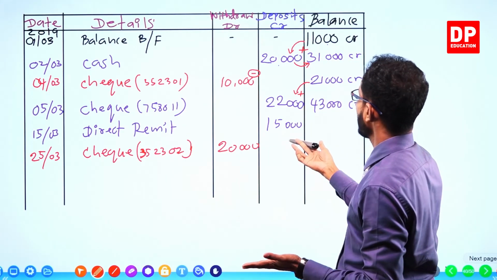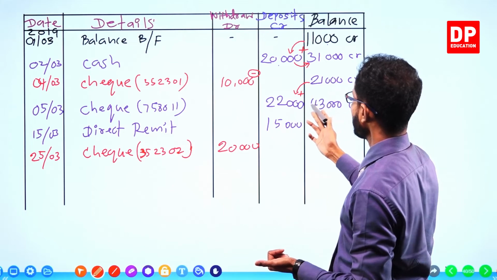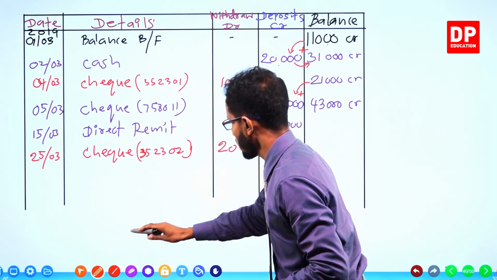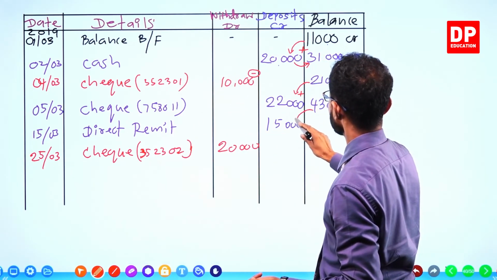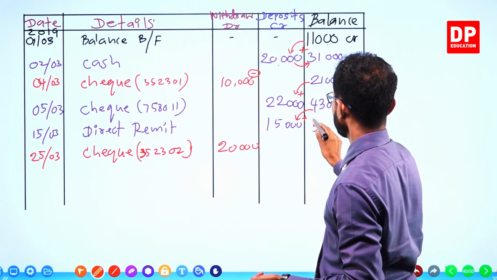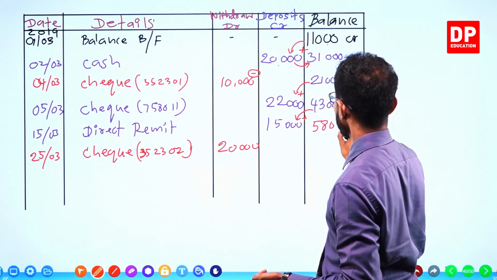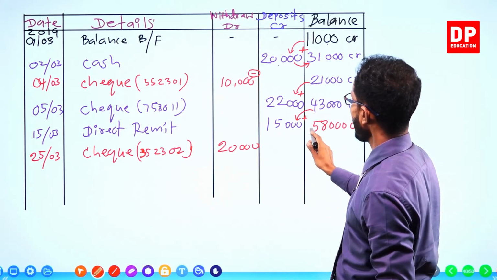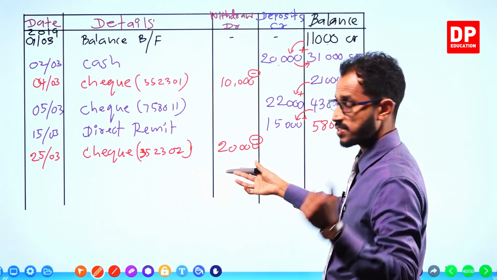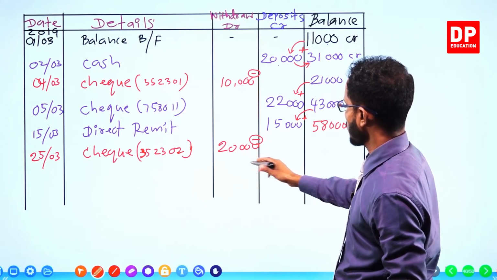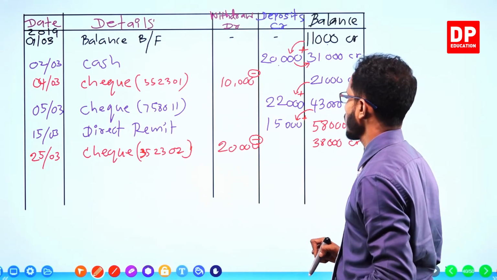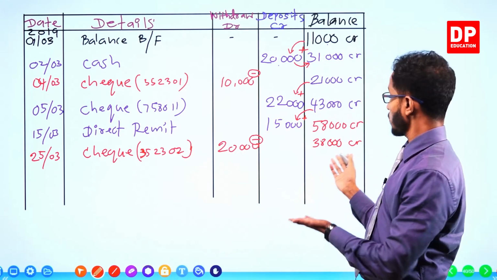Now we haven't put this balance. See, 43,000 must be added with 15,000. 43,000, 53,000, 58,000 is the balance. Still, it's a credit balance. Now this should be deducted because it's a withdrawal. 58,000 minus 20,000 is 38,000. The balance here becomes 38,000. Okay?